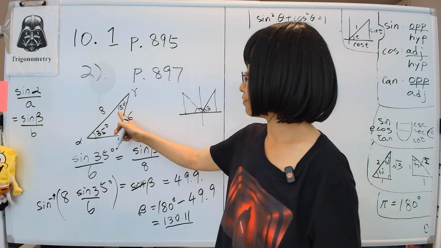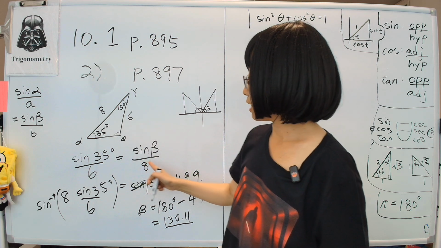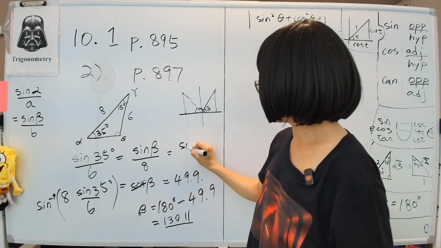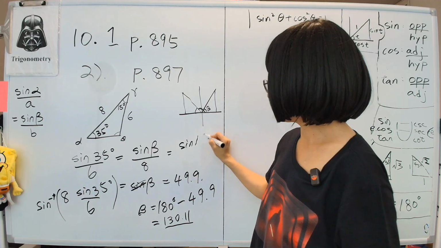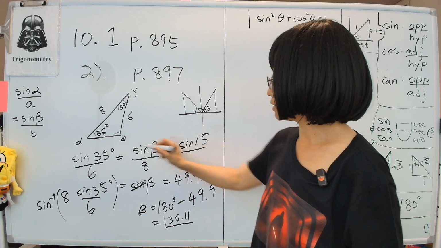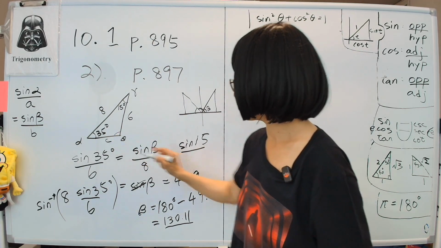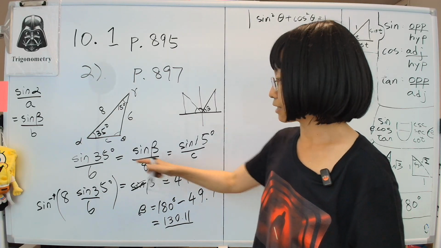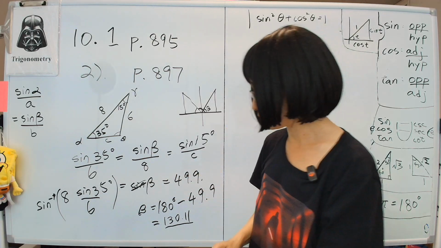That's the sine of 15 over this side, just like we did before. This is equal to sine of 15 degrees divided by the side, and we'll call this side C. With that we can calculate C like we did in the previous example.